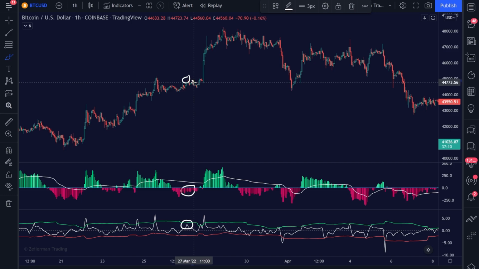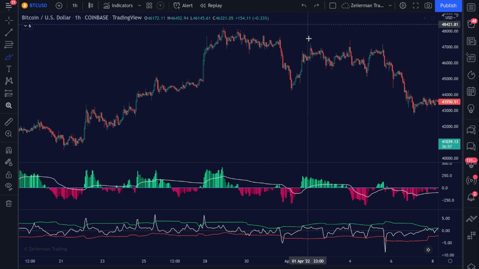So yeah, it's not a great trade in this case, but you may be stopped out at break even or a small loss. So yeah, that happens sometimes. We have to accept our losses and move forward.